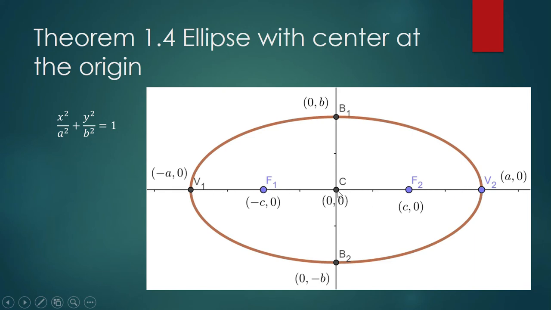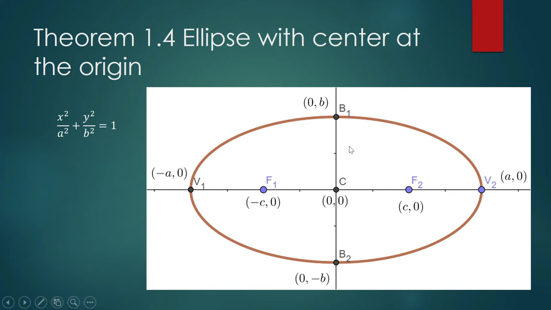So that means from here to there is a. That is the coordinates of your one vertex. And then from here to there, it's another a, but it's going to the left. So this is the coordinates of your other vertex. A would be important for locating the vertices of your ellipse.